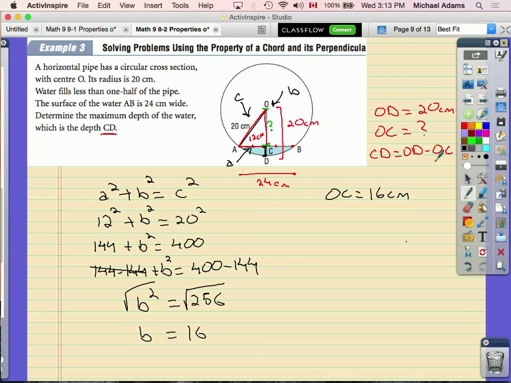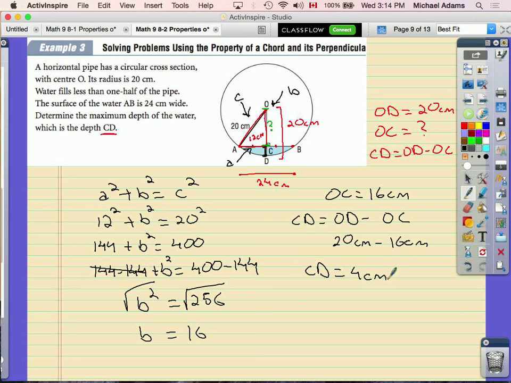In order to find CD, we're going to subtract OC from OD. OD, we're told, is 20 centimeters. OC, we just found out to be 16 centimeters. If we subtract the two, we get 4 centimeters.